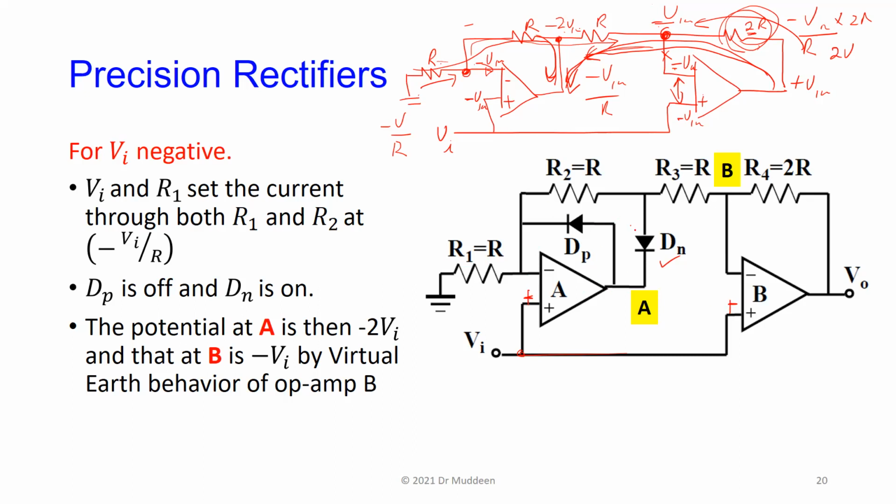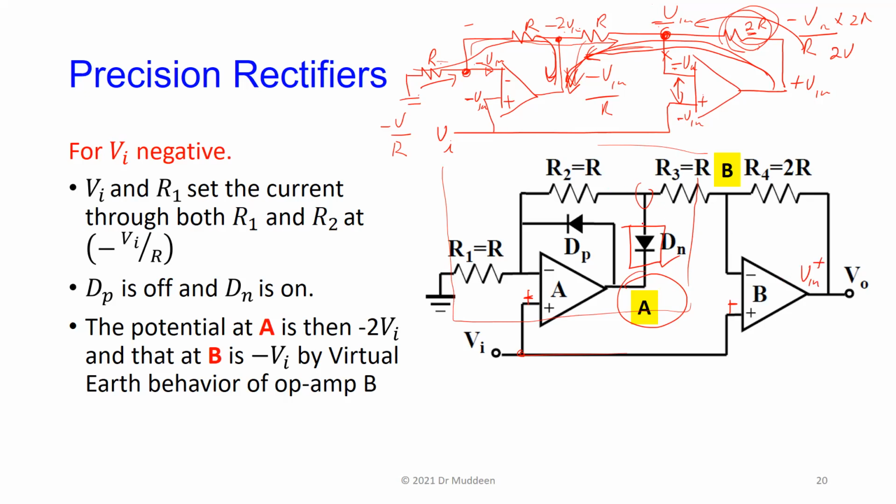But because this diode is off, there's no connection between A and the rest of the circuit. In other words, this current flow is disabled, right? So when Vn is positive, this whole part of the circuit more or less is disabled. If Vn is positive, this is a normal non-inverting amplifier. So here will be V positive, right?